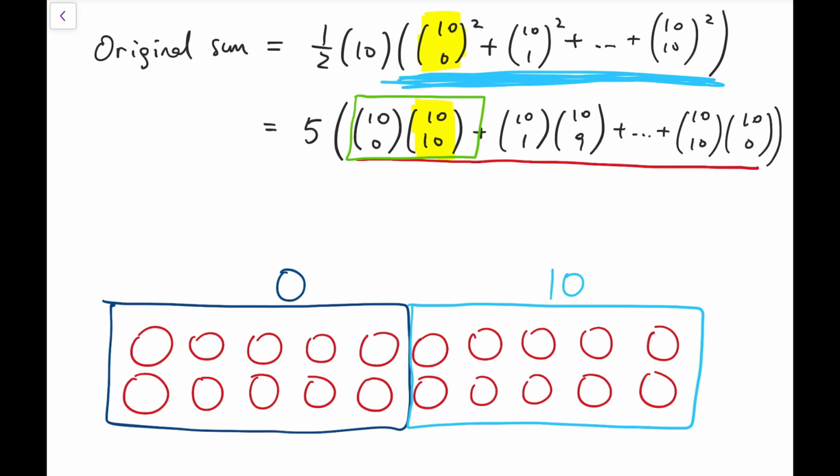Also, I could do this again by choosing 1 object from the dark blue group and 9 objects from the light blue group. The number of ways to do this will be exactly 10 choose 1 times 10 choose 9.